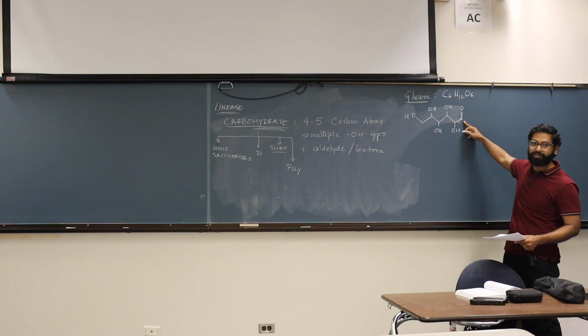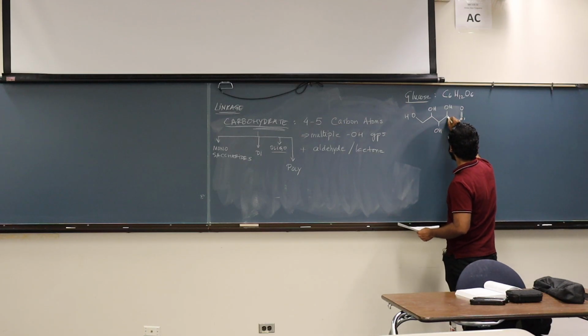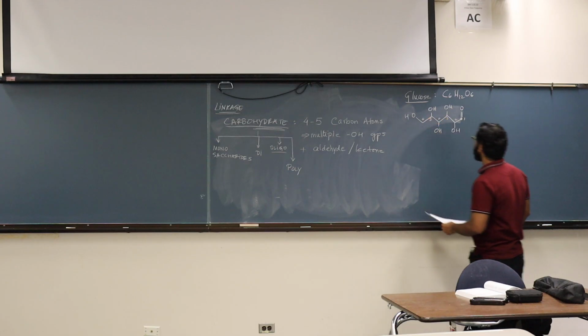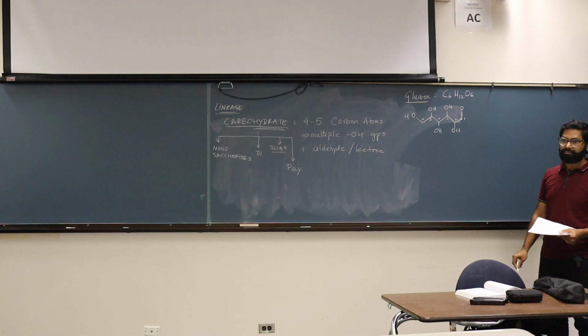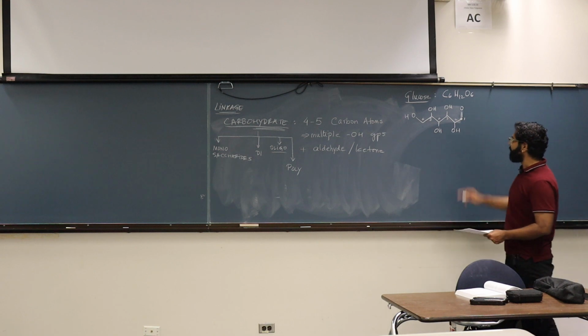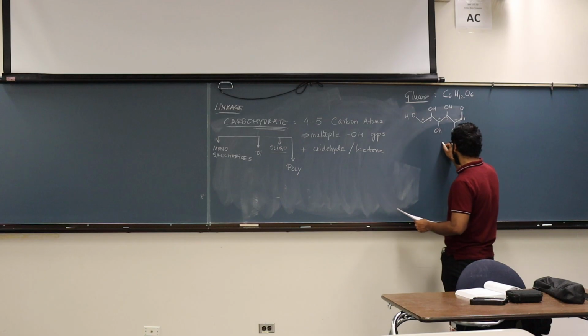It has higher precedence over the alcohols. So we'll name it 1, 2, 3, and then go sequentially. There are 6 carbons. Now the same molecule can also be represented using this.